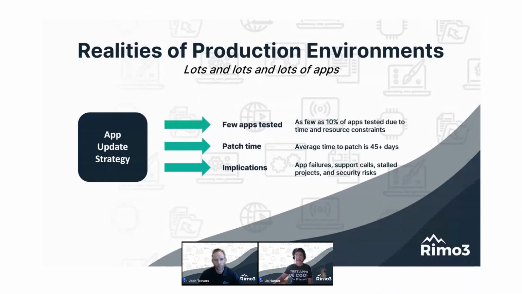And that also can impact some of the other projects within your organization. You could have applications that fail. The business impact could be millions of dollars per minute lost when an application fails. Your projects could be stalled. You get more support calls. Lots of bad things happen if your applications aren't functioning properly.